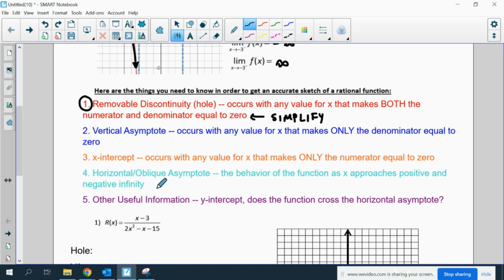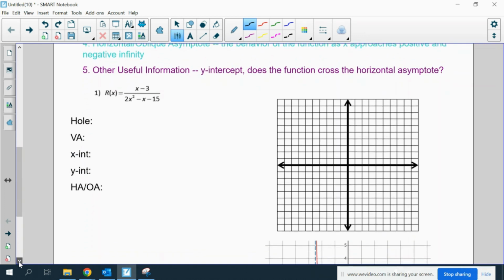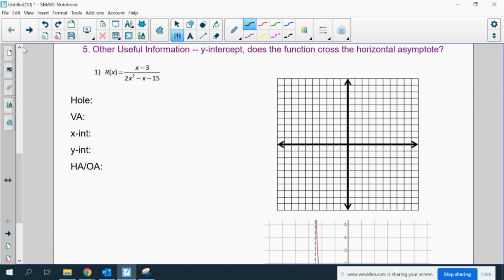Horizontal or oblique asymptotes are finding the behavior of the function as x approaches positive and negative infinity. And then there's other useful information that'll help you graph, like the y-intercept and does the function cross the horizontal asymptote, and if so, can we figure out where that is? So let's take a look at some problems.